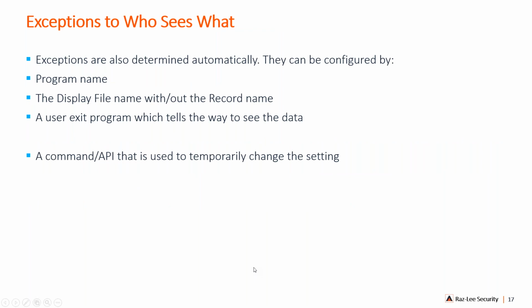There are exceptions to this, and we provide those exceptions. Because in some cases, let's take the credit card. This is a very good example. Usually we would like all the people to see it in masked representation.